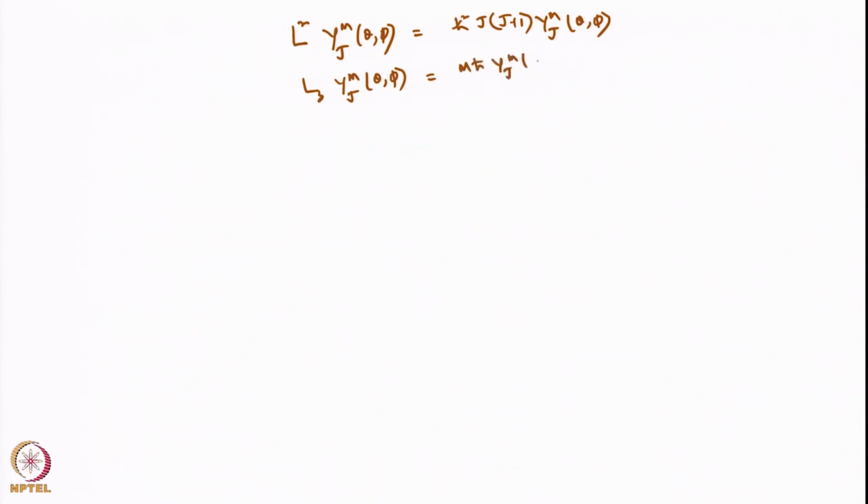Now, there is one important thing you must realize: if two operators have common eigenfunctions, then the operators must commute with respect to each other. So the commutator of L square and Lz must be equal to 0. So, operators L square and Lz commute with each other.